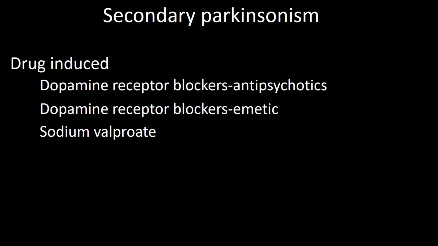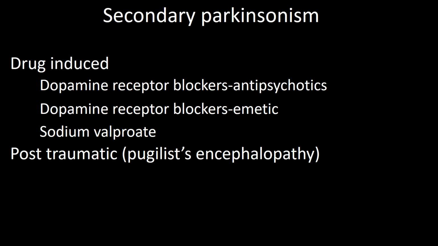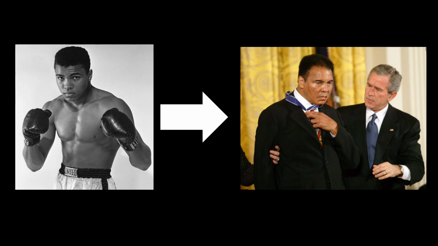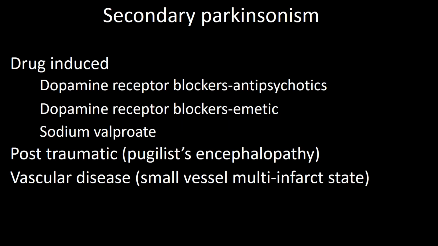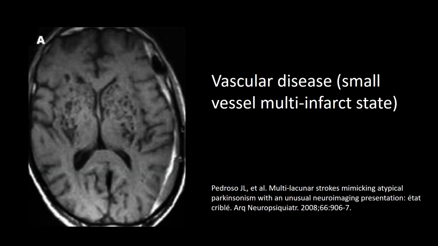Secondary Parkinsonism can also occur in boxers. This is Muhammad Ali when young, here when old. See the facial expression. The term mask face has been used to describe it. Small vessel disease can also produce secondary Parkinsonism. This is an MRI of a patient with secondary Parkinsonism, showing a large number of little infarcts in the basal ganglionic area.